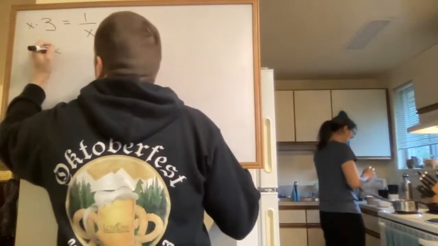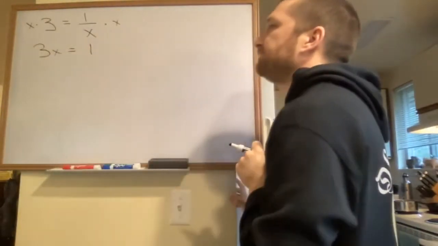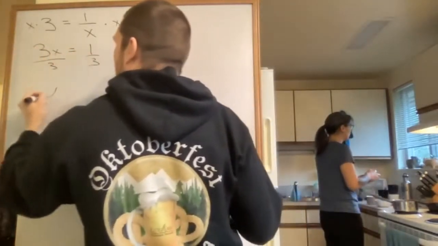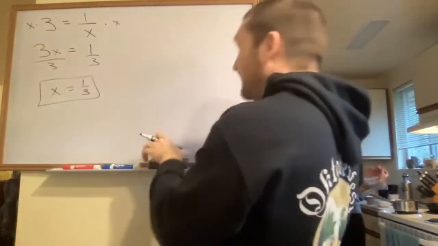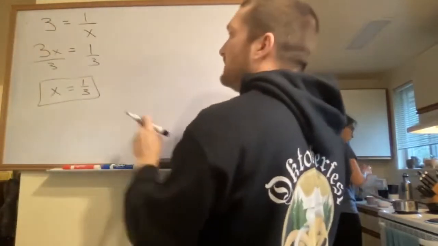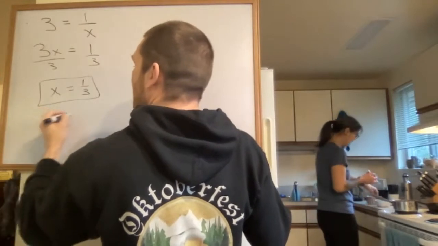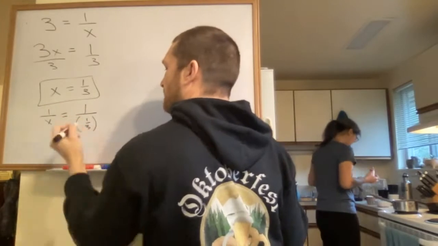I'm going to write that as 3x equals 1. Then what do we do? Divide by 3. And we get x equals 1/3. And so now I'm going to check it in the original equation and say, okay, 1 over x, that's the same as 1 over 1/3.